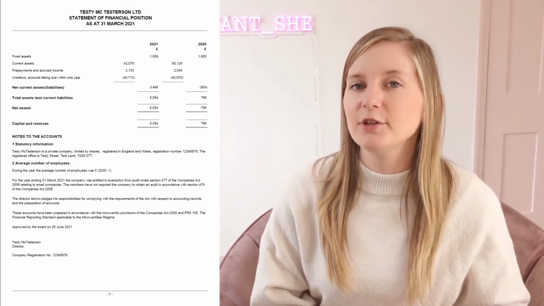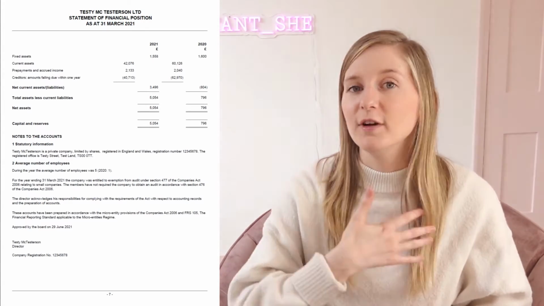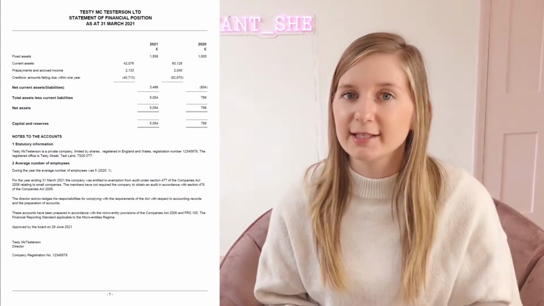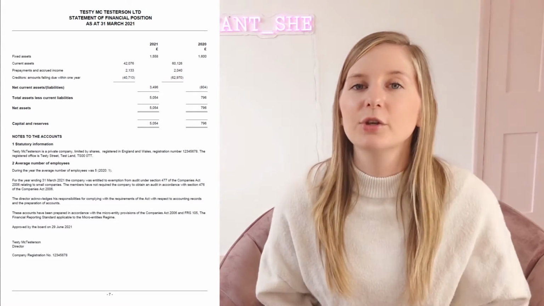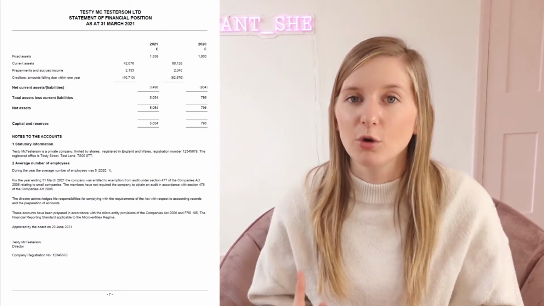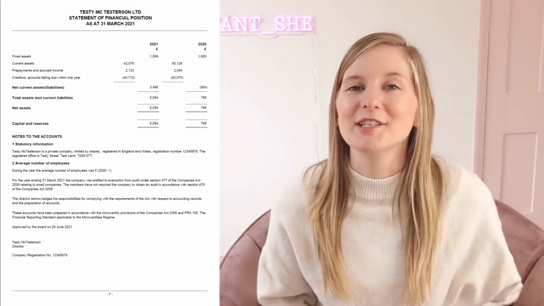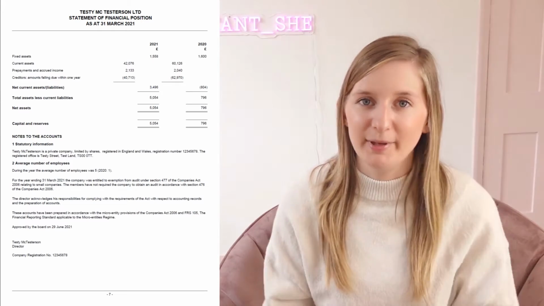The statement of financial position is looking at much more of a long-term perspective. So the balance sheet looks at your assets and your liabilities, things that the company will hold for the next 12 months or longer, and the profit and loss is looking at what happened in this period.